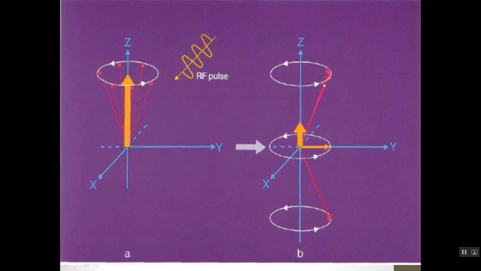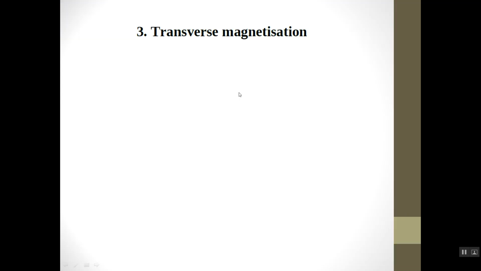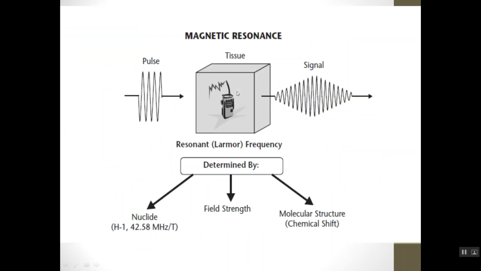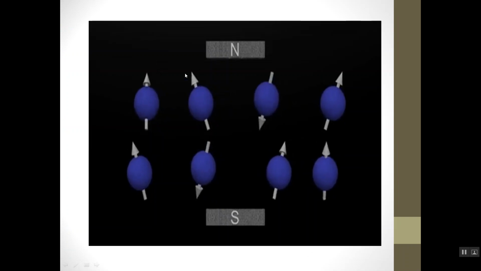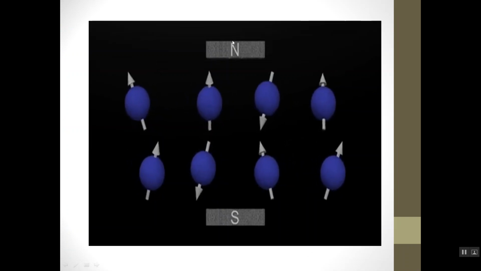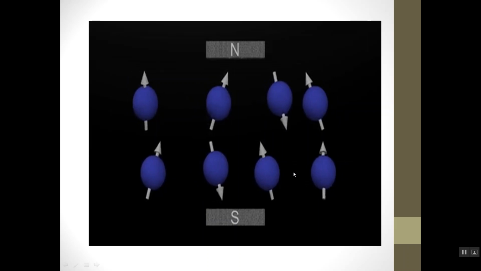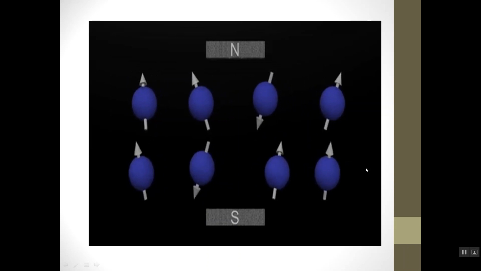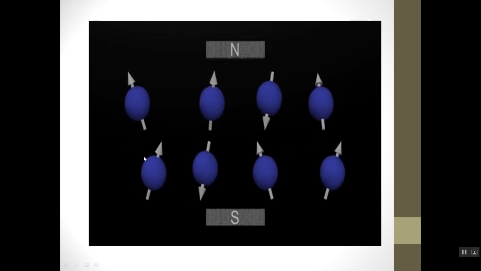And not only this, but another thing will happen: the protons here are out of phase. You remember this image? Here, in the normal state with the external magnetic field applied, the protons are out of phase, but all of them have the same precession frequency.